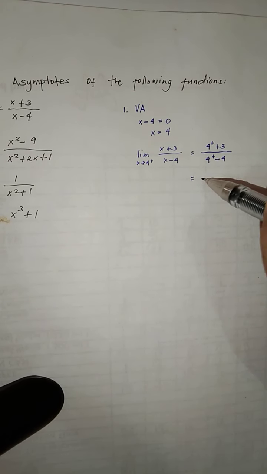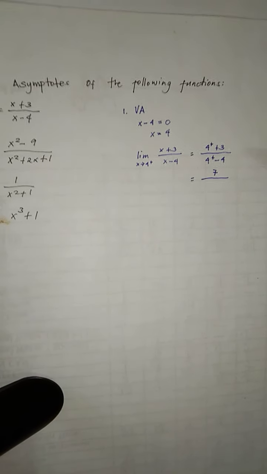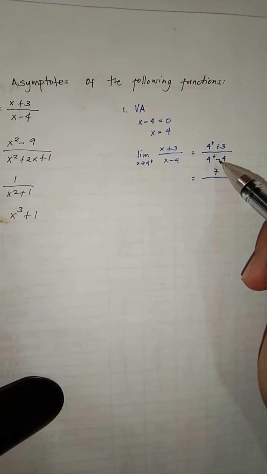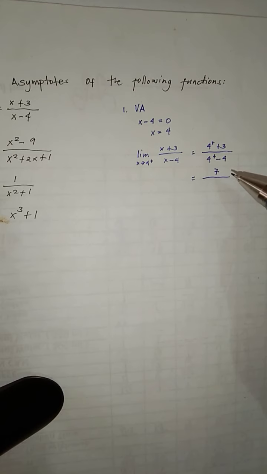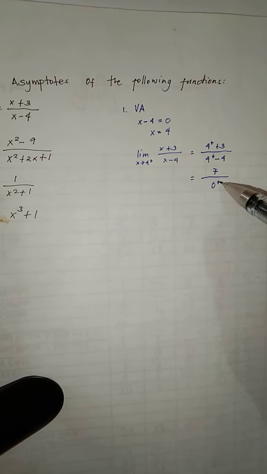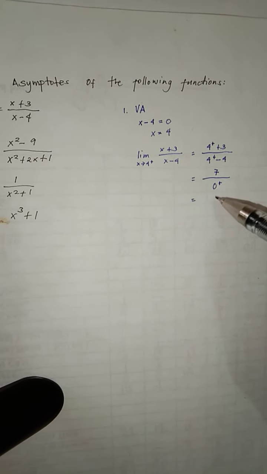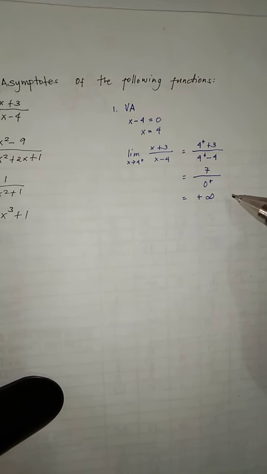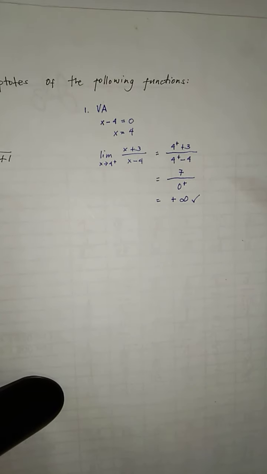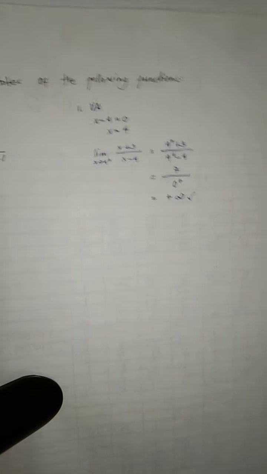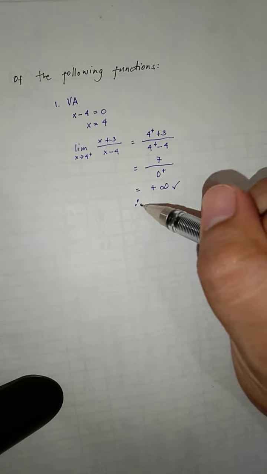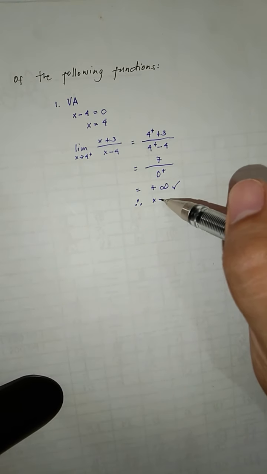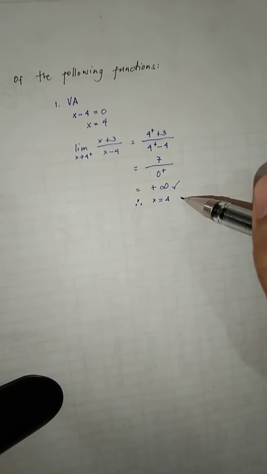So 4 plus 3 is approximately 7, and then 4 plus is approximately 4.01, and then minus 4, so that is 0.01, or that is 0 positive. So that number divided by 0 positive is approximately positive infinity. Since we get an infinity for our answer in the limit, therefore our VA is x equals 4.